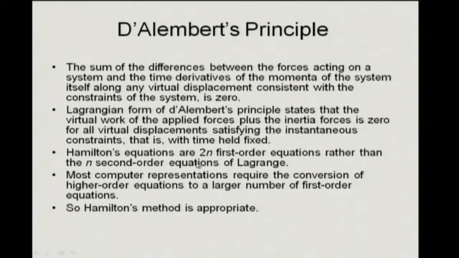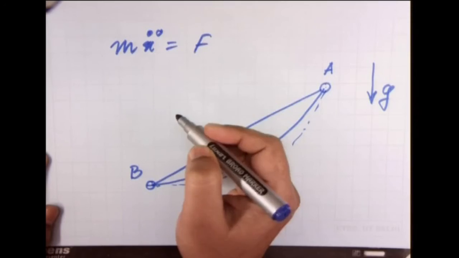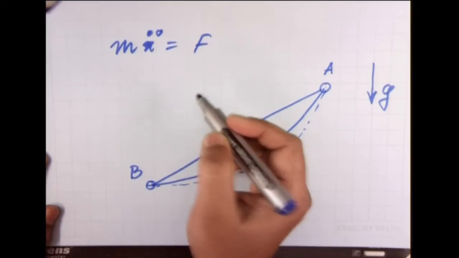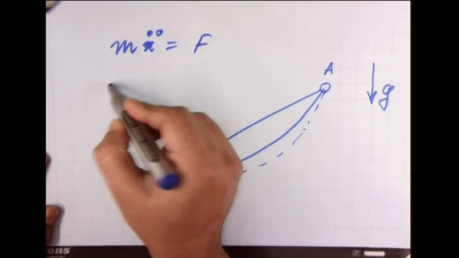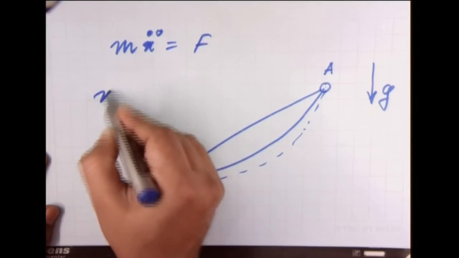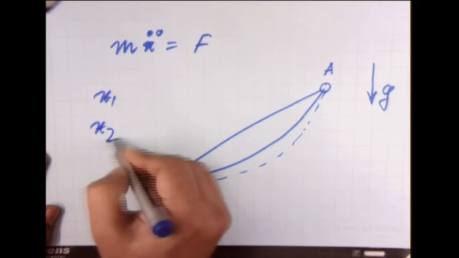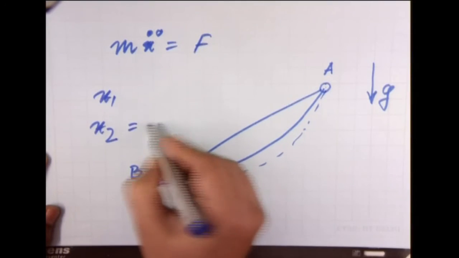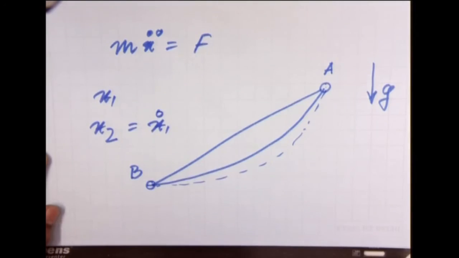If you have a second order equation, you have to break it up into two first order equations by defining a derivative. If you have typically an equation like m x double dot is equal to f, and f is given, then you define two variables x1 and x2, and you define x2 is equal to x1 dot.